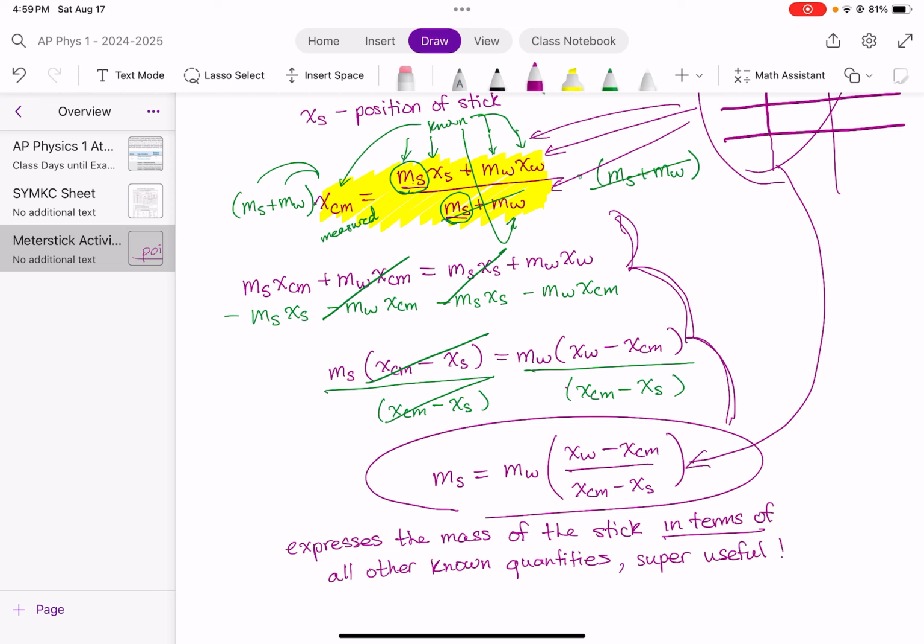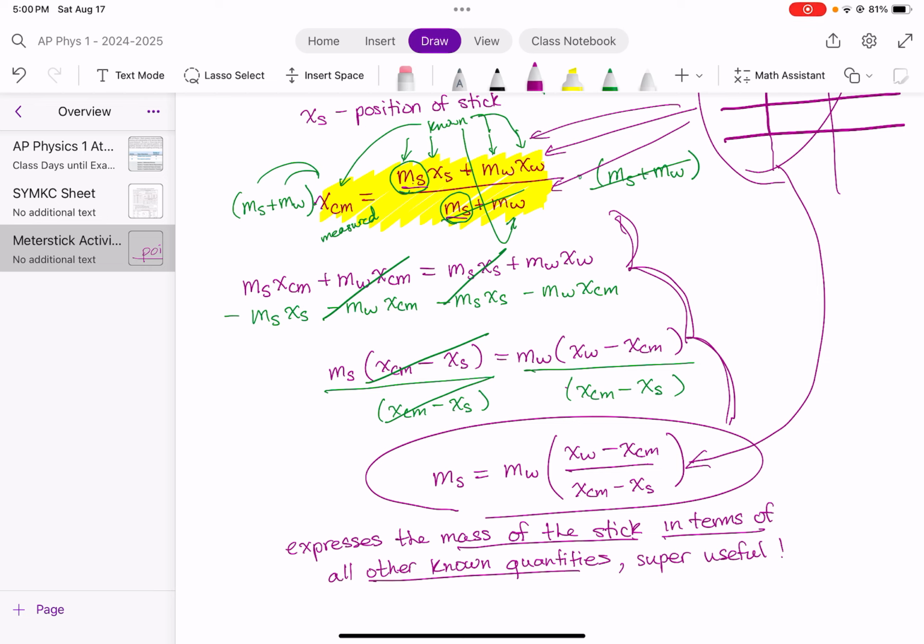And you're going to be seeing that kind of style of problem in AP Physics later on too. There will be AP questions where there are no numbers involved, and the question might say something like, express the mass of the stick in terms of all other known quantities, or in terms of the constant for the acceleration due to gravity, and so on, right?